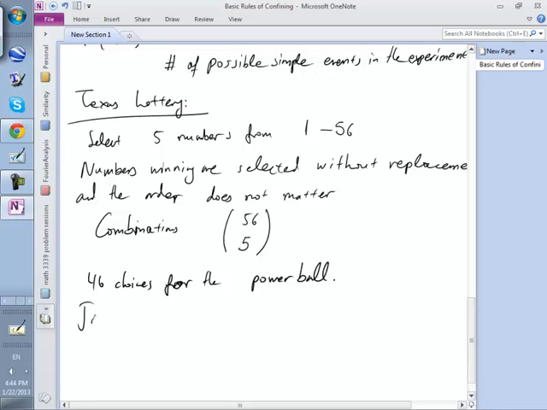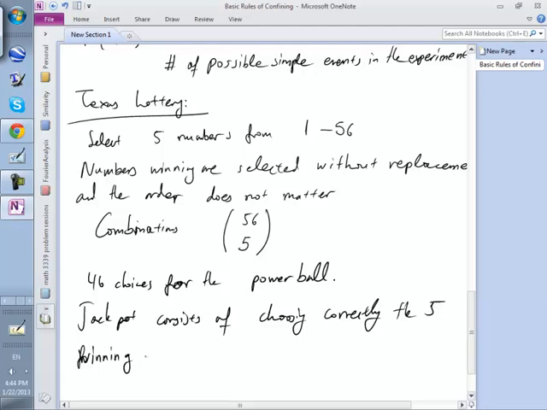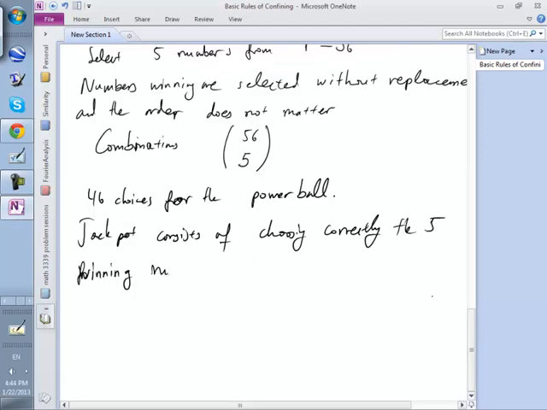So the jackpot consists of guessing correctly the 5 winning numbers and the Powerball.